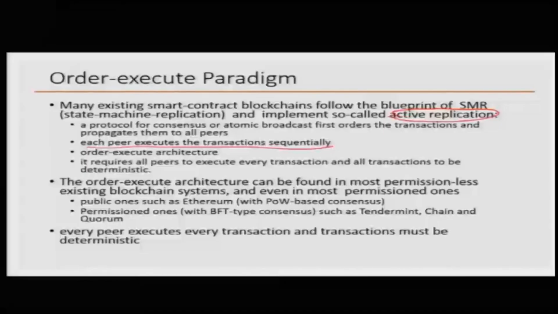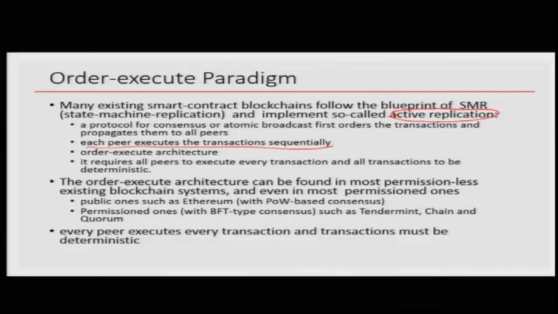So, therefore, we call it an order-execute paradigm, which means that ordering is first and then execution. Execution means that every node will change their state in the same way, right. When the block goes to the other nodes, they also have to run the same transactions and change the states, and so forth.